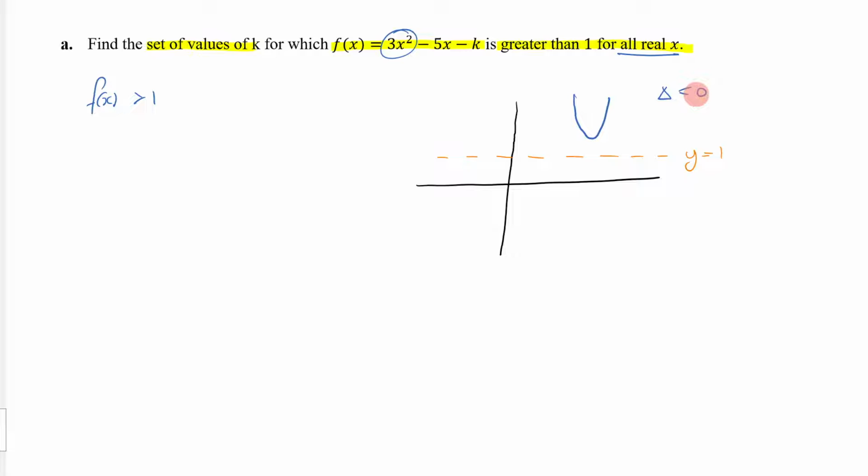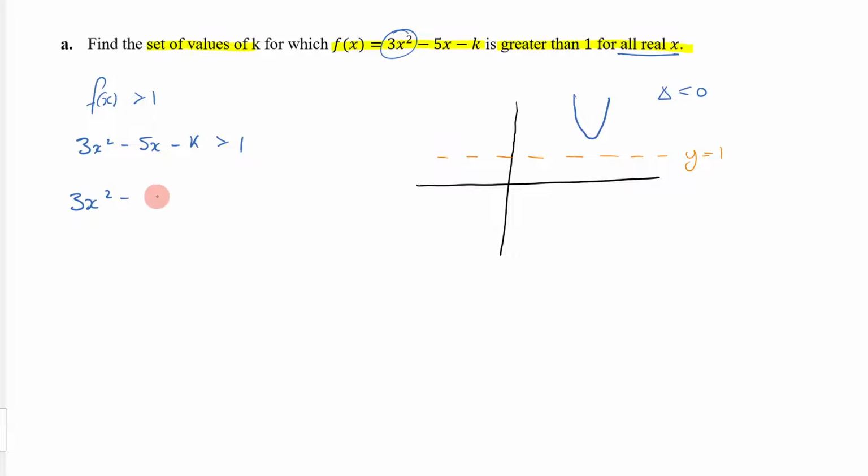What makes this an interesting question is that we're not dealing with the x-axis. We're dealing with y is equal to 1, so it's been shifted up 1. So we want to manipulate our question so that we can think about it in terms of the x-axis intercepts. The way we do that is to first write out what we have here, then move the 1 over, and this is the important part.